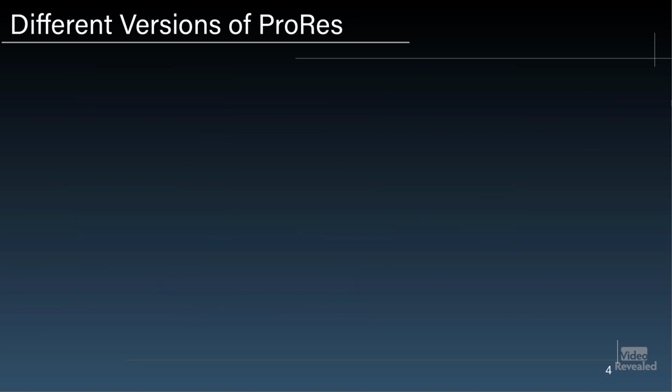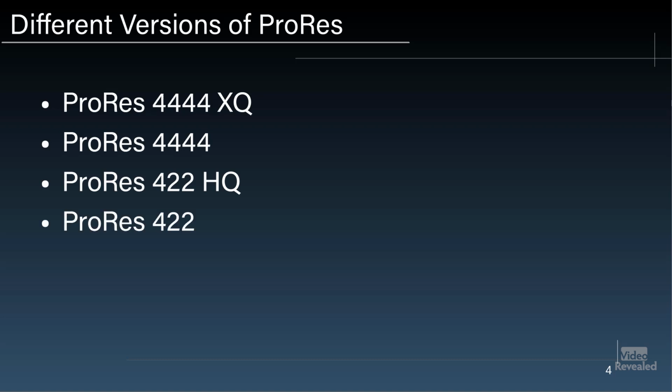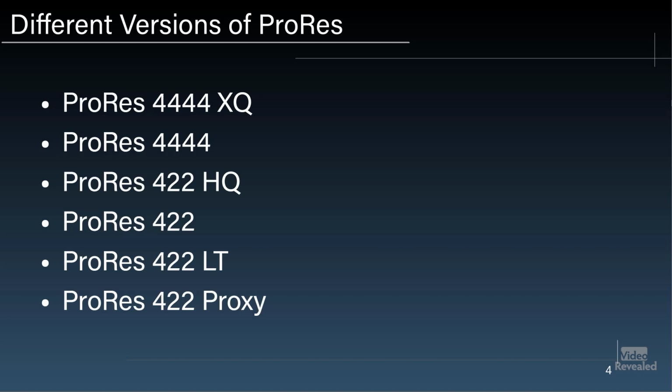Now there are different versions of ProRes, and we'll go through what these are. ProRes 444 XQ, 444, 422 HQ, 422, 422 LT, and 422 Proxy. Premiere Pro supports all of these right inside exporting out of Premiere Pro and Media Encoder.